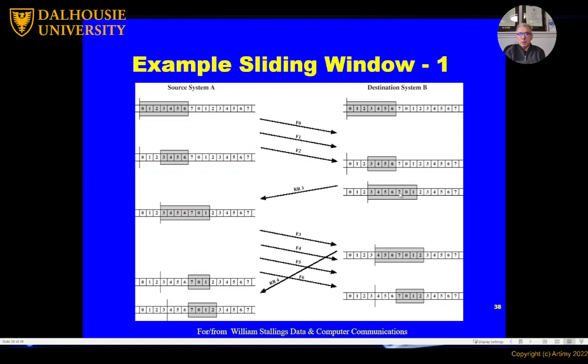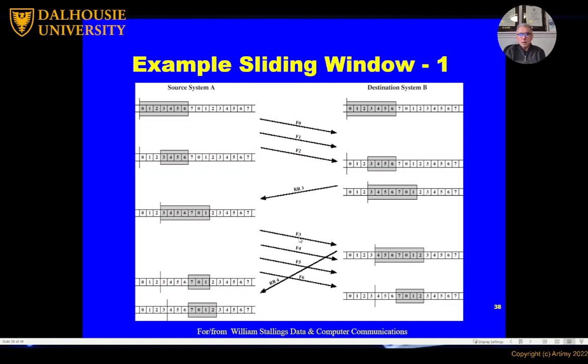The destination also extends its window by 3 because now the first frames are sent to the upper layers, so it has enough space to receive 7 frames.